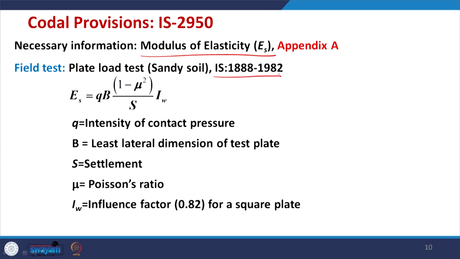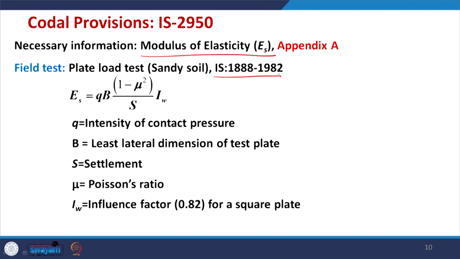So, this code suggests that you can find the value of Young's modulus using the plate load test, which should be conducted as per IS 1888-1982, for sandy soil. In that case, Young's modulus from the plate load test is given by the relation written here, which is given in the code. Let me explain.